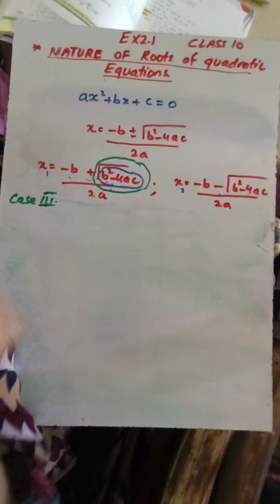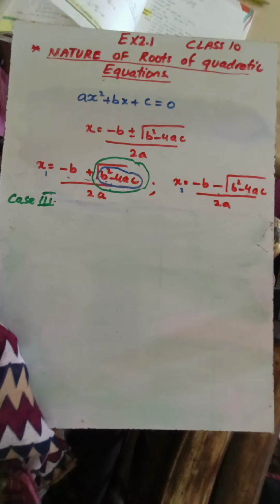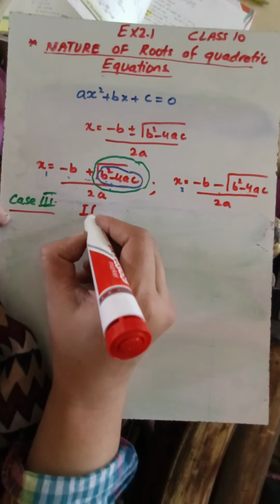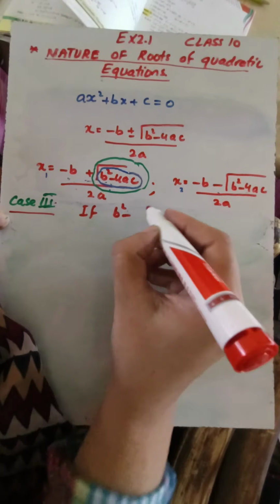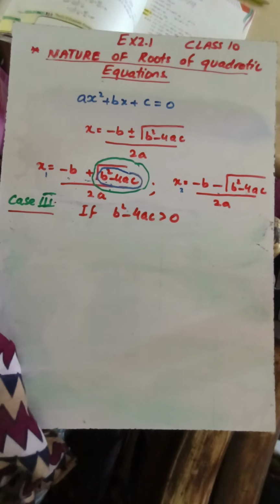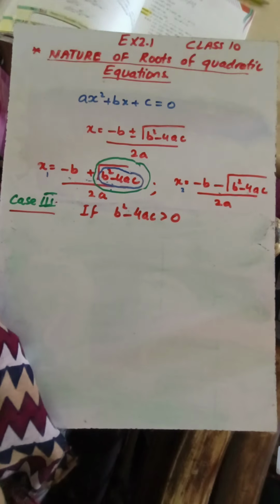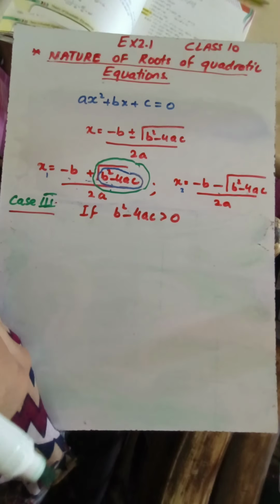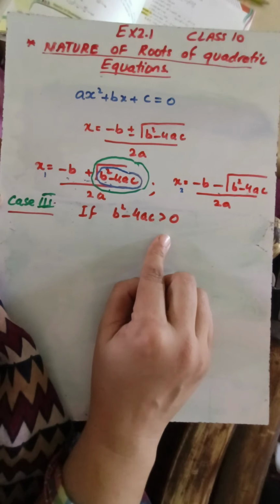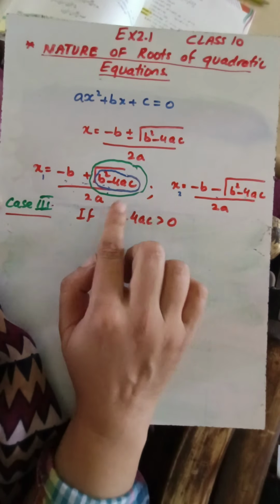Case 3: if b square minus 4ac is greater than 0, then it will give us two distinct real roots.